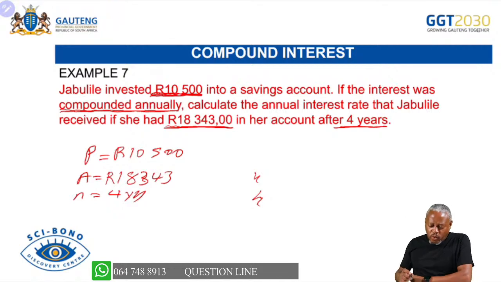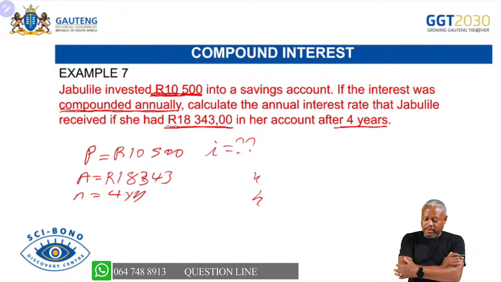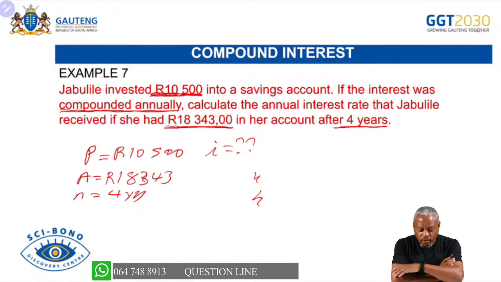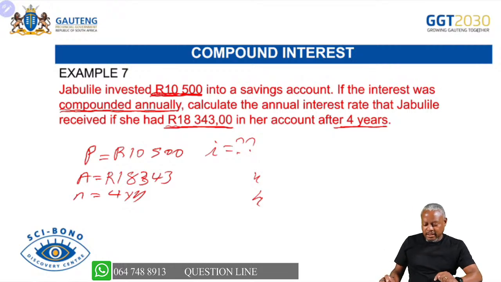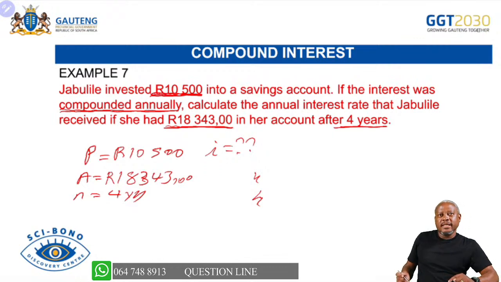Now, what we've been asked to calculate is the annual interest. That's what we've been asked to do. Like I said, you're not always going to calculate this. You can also reverse that. If we have calculated this, you can calculate the accumulated amount.